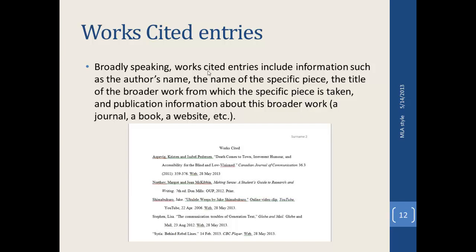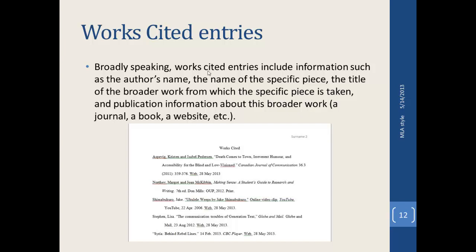The aim of this is to give your reader directions, a bit like you could use MapQuest or Google Maps to show directions to a particular location. A works cited entry is like a road map where you might go to find the original source.